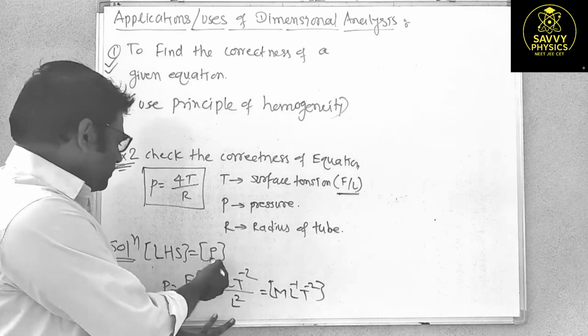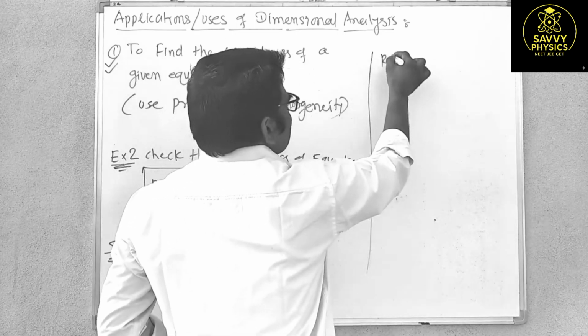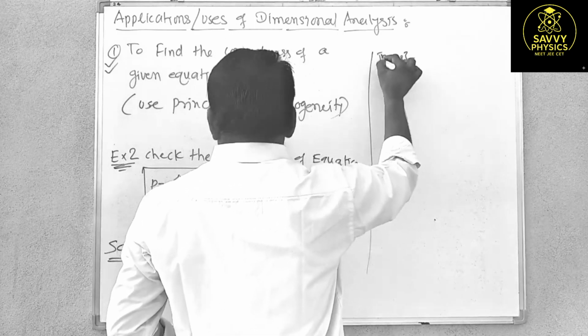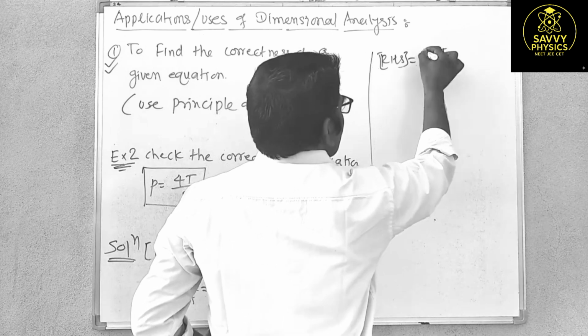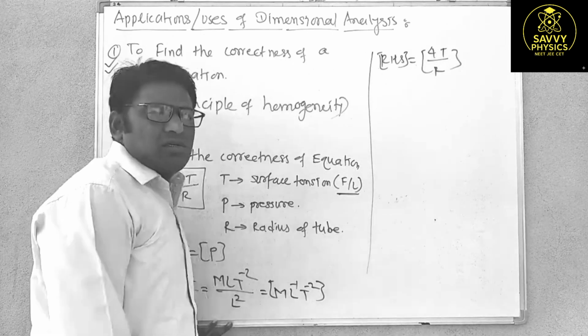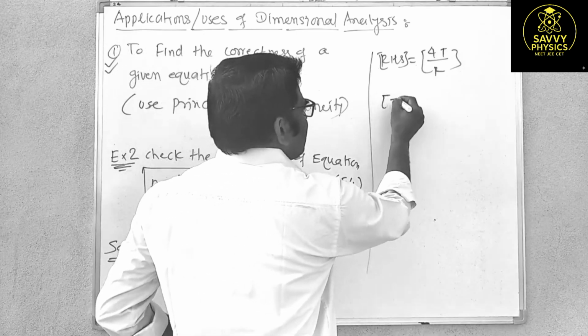Now let us check the right side. Right hand side is 4T upon R. 4 is a constant, so no dimensions. T is force upon length. What are the dimensions of T?